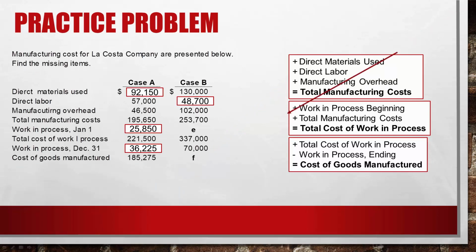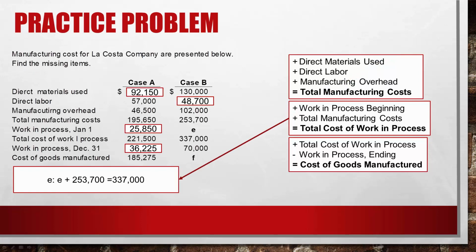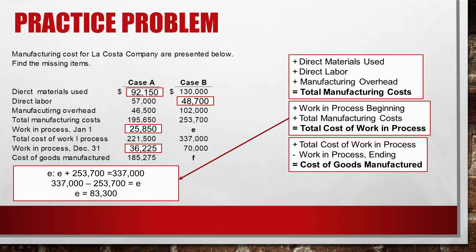Now for E, we're taking a step down to the next level of calculation. We can find that our work in process beginning plus our total manufacturing costs equals total cost of work in process. Plug that into our formula and find our missing element, which is $83,300.